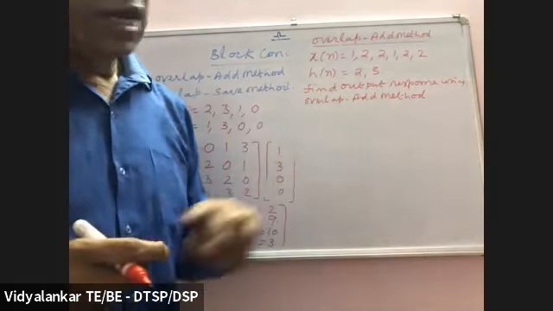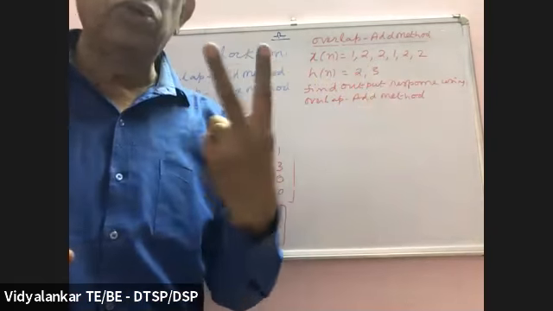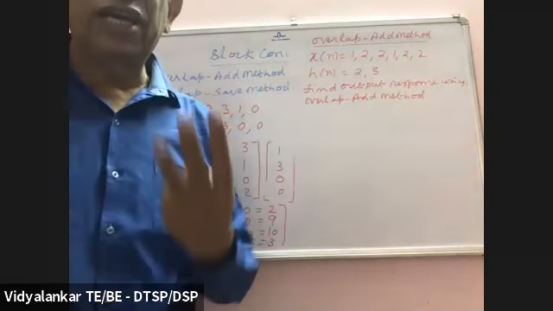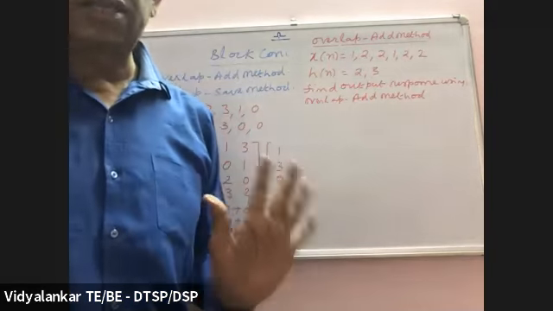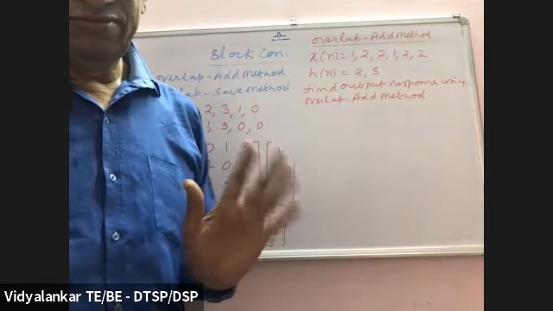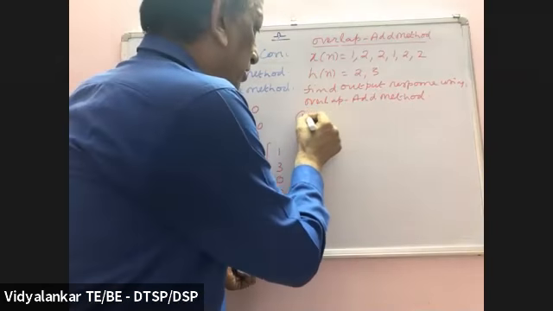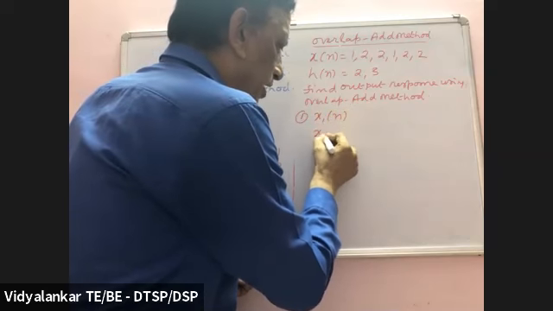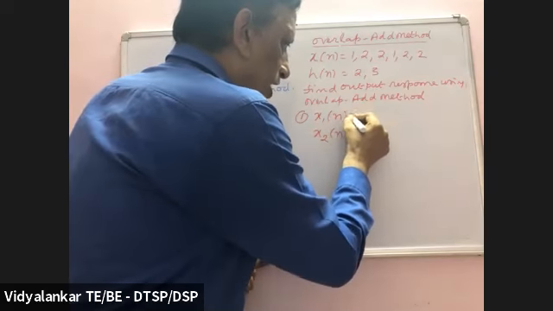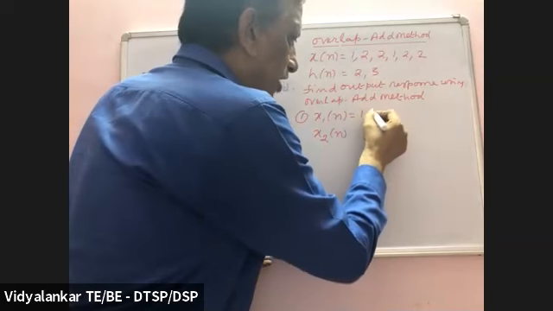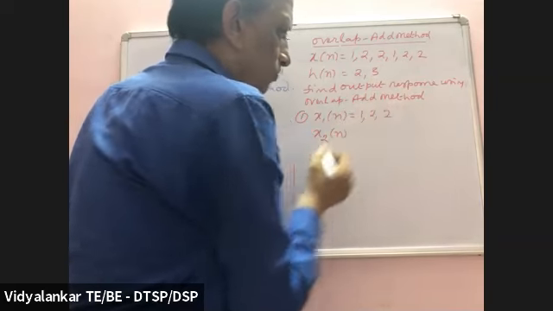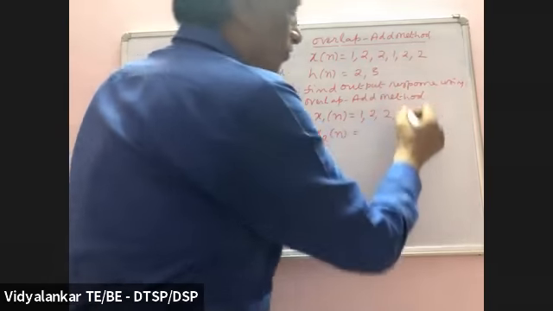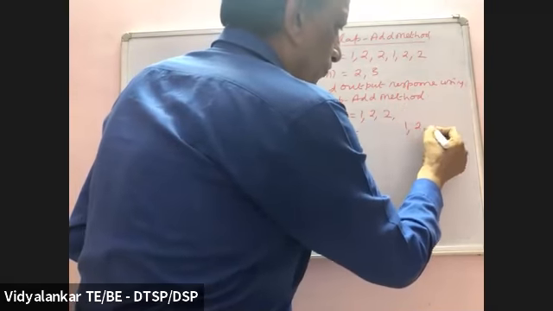There are 2 ways. Either the 6 values we can split into 3 points, or the 6 values we can split into 2 points. This is the only option. So the first option is that the input sequence I will split into 2 parts, x1 and x2, where x1n is the first 3 values, 1, 2, and after completing this, we start with x2n, 1, 2.